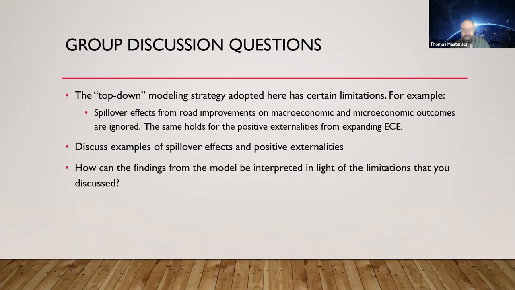Although you can expect that improved roads would have an impact on economic activity, perhaps increasing it, reducing costs for transporting goods and services might have a good impact. The same holds true for the positive externalities from expanding early childhood education.